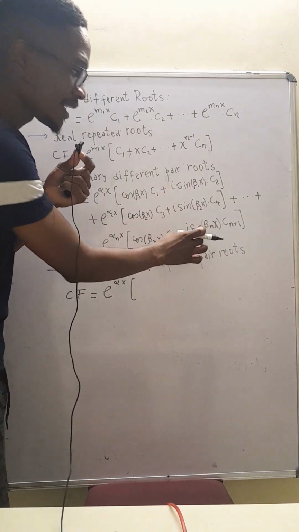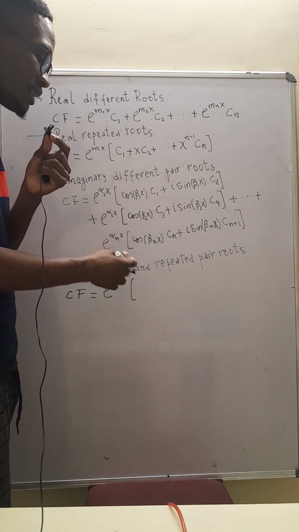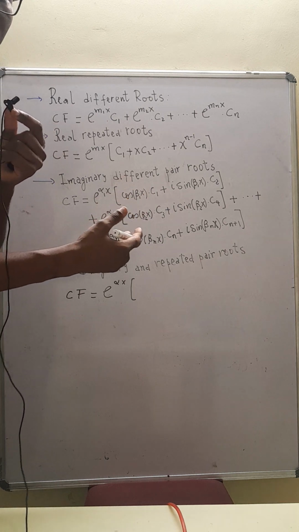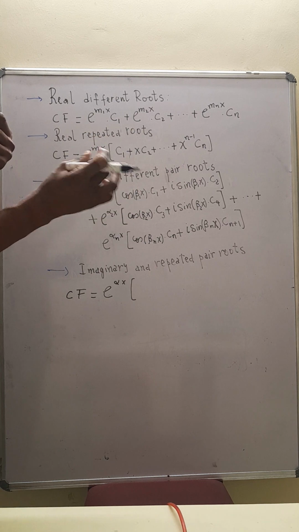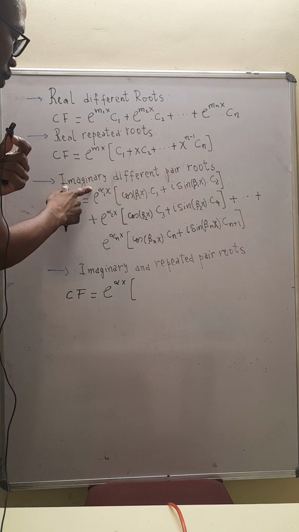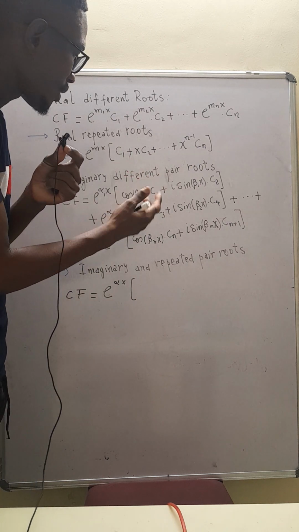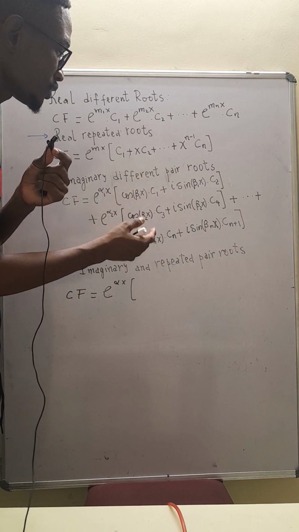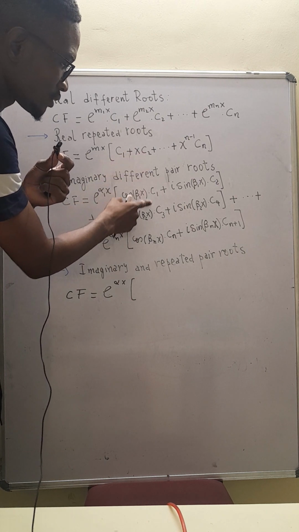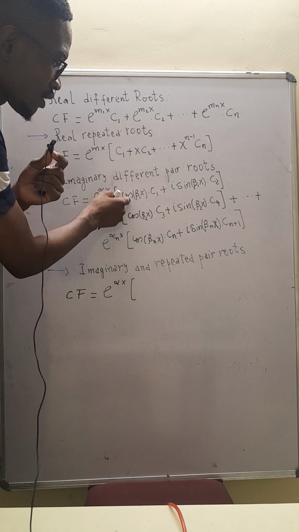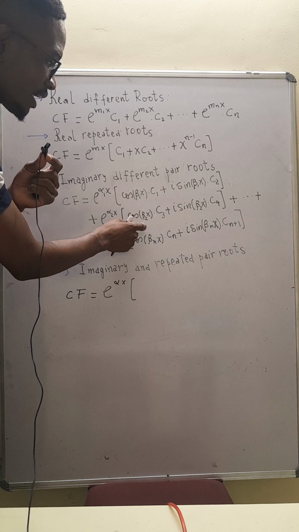The only thing that will change here is the number of roots that we are going to have. Suppose it is 2 pair roots that are equal. Suppose I have 2 pair. This one and this one are equal. So I will have 4 solutions. For having 4 solutions, I will have C1 plus x C2, and then cos of beta x and cos of beta x will be the same, because they are repeated.